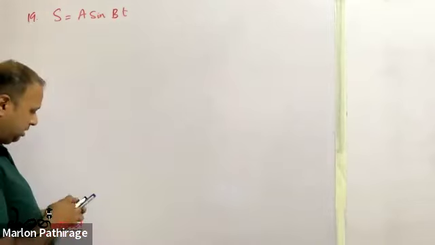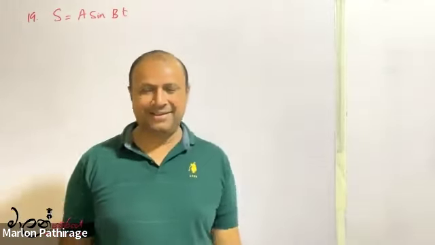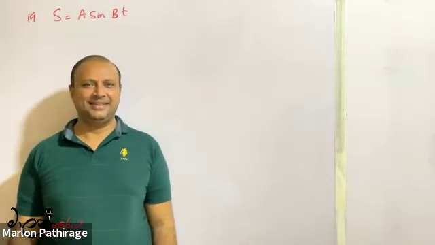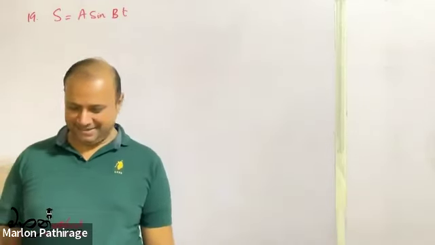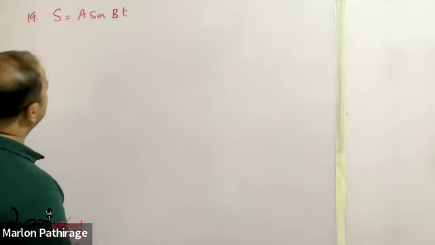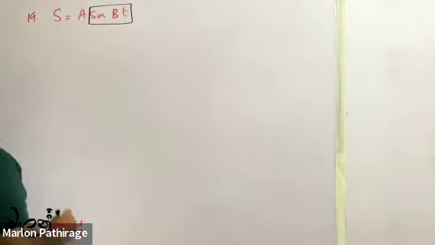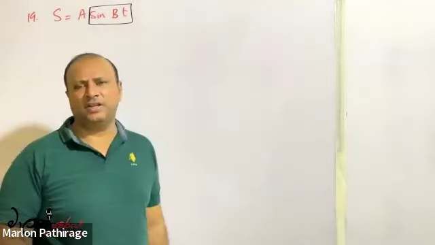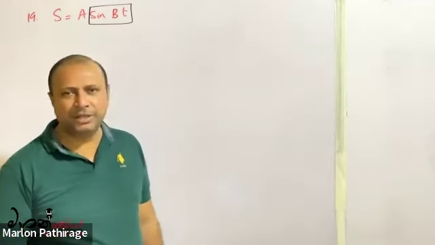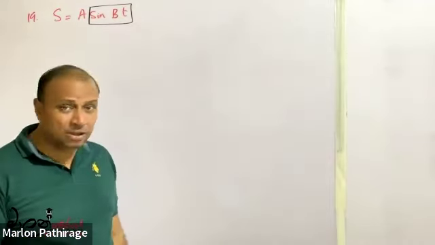S is a displacement. So how to determine A? Look at this sin BT part. It is a trigonometric function. A trigonometric function has no dimension, because it is a ratio between two lengths.